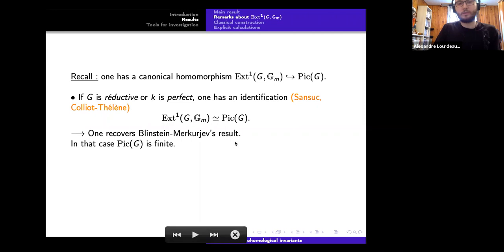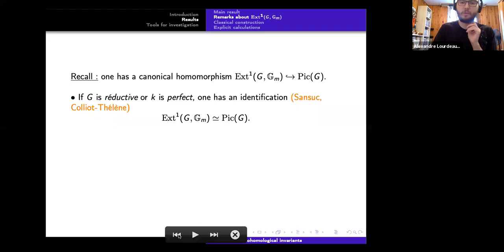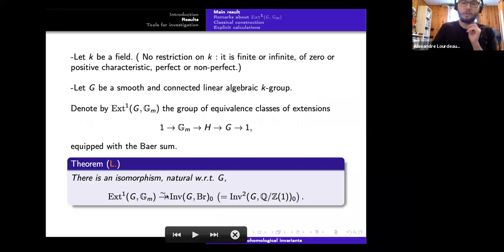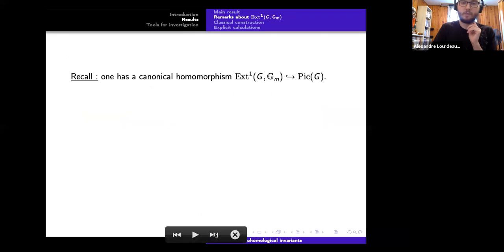And in that case, we recover Blinstein and Merkurjev's result by replacing X^1 by the Picard group. And also in that case, the Picard group is finite, whereas we will see that X^1 may actually be infinite.